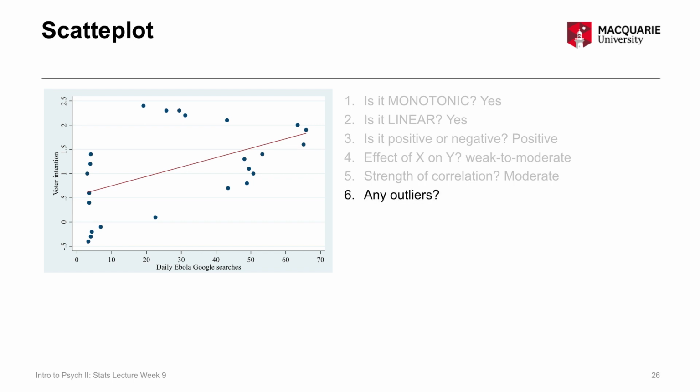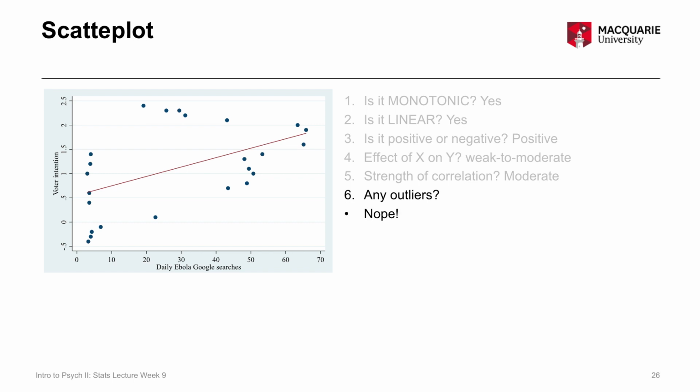Our second last point is whether there are any outliers. Outliers are data points that lie away from the bulk of the data cloud. So data points that are sitting on their own, lying really far away from the rest of the data points. They can be very problematic. If you have very unusual or very extreme scores, they can be an outlier, and they can be quite problematic to your analyses, or sometimes they're not problematic at all.